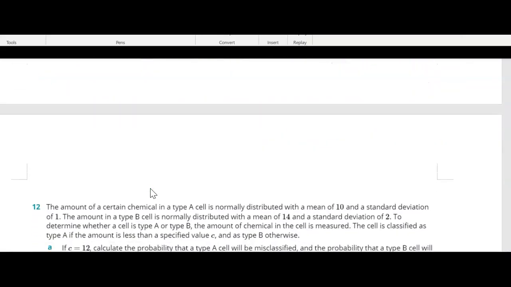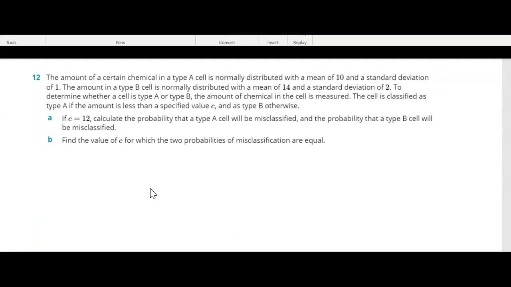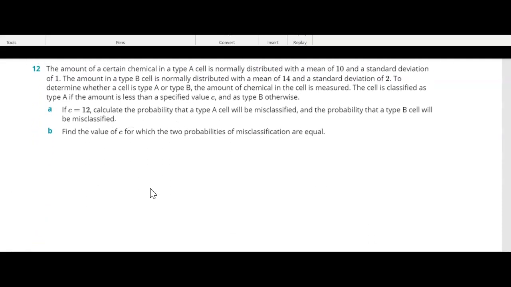All right, let's look at the last question, hopefully before the computer crashes. The amount of a certain chemical in a type A cell is normally distributed with a mean of 10 and a standard deviation of 1.